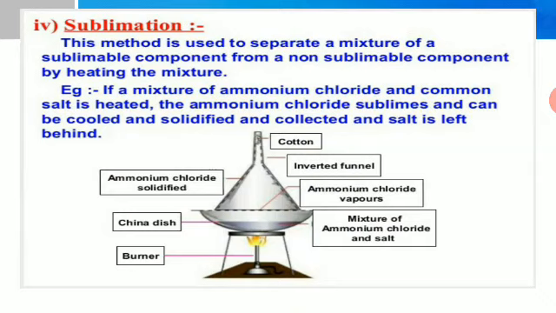If a mixture of ammonium chloride, which is the sublimate, and common salt, which is a non-sublimate component, is heated, the ammonium chloride sublimes, that is, changes into gaseous form, and can be cooled, solidified and collected, and the salt is left behind. In this way, the components which are sublimates can be separated by the process of sublimation from a non-sublimable component.